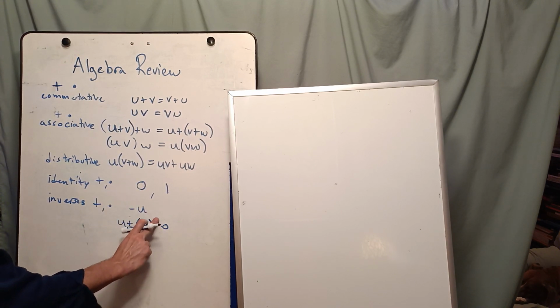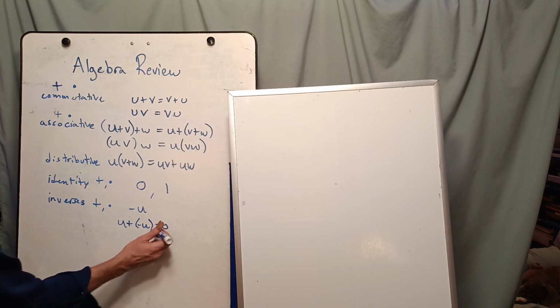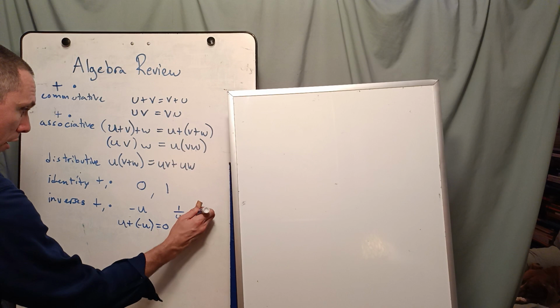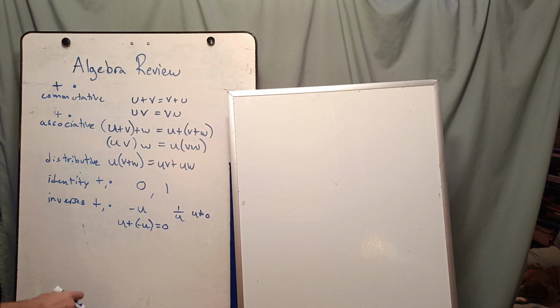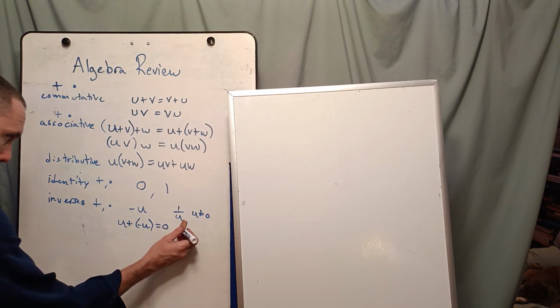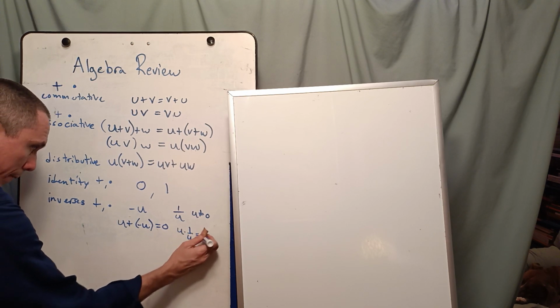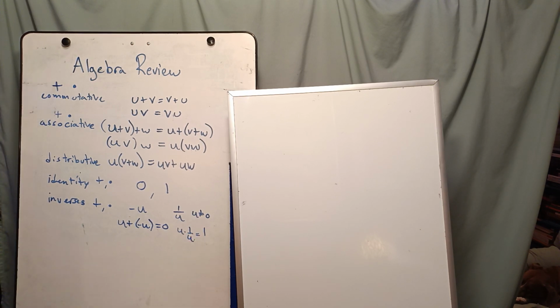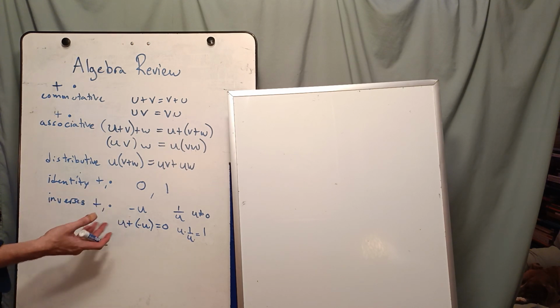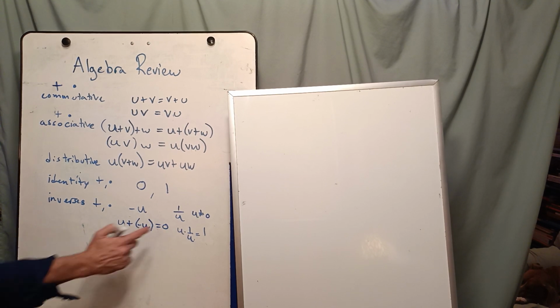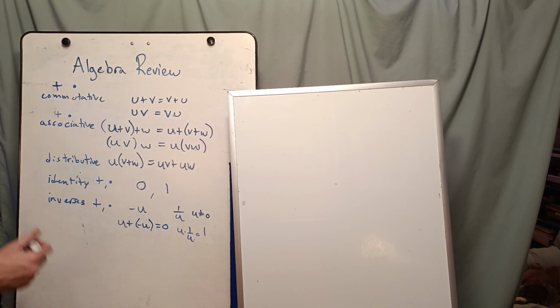So we say that u has the inverse minus u. And likewise, we have 1 over u, as long as u's not 0, right? That would be a problem. But then u times 1 over u is 1, the multiplicative identity. So we have these things called inverses, which are ways to go from any element back to the additive or multiplicative identities.